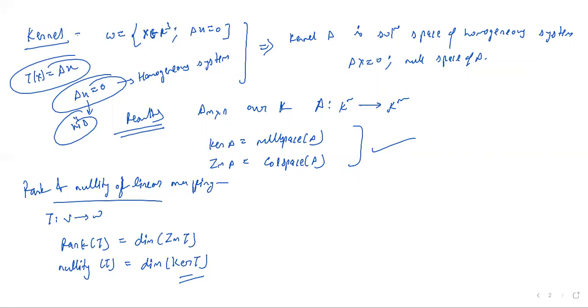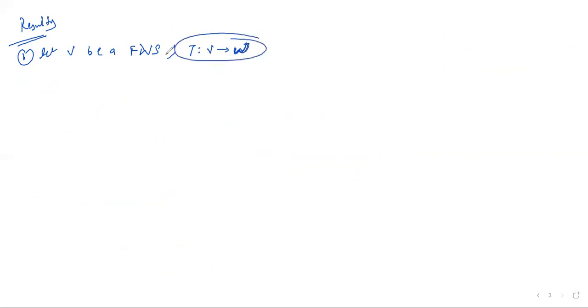Now there are two important results for the rank and nullity, which are that: let V be a finite dimensional vector space, and the linear mapping T: V to W is defined like this, and this is our linear mapping.